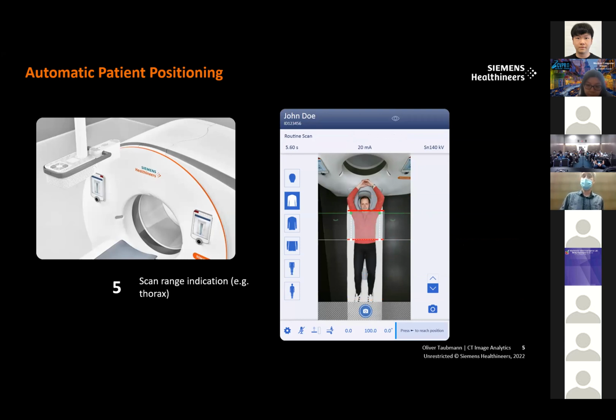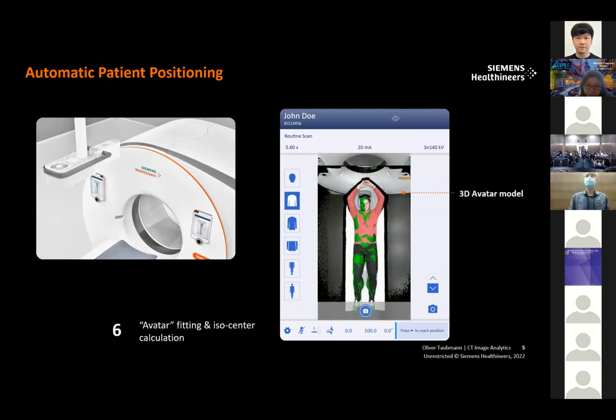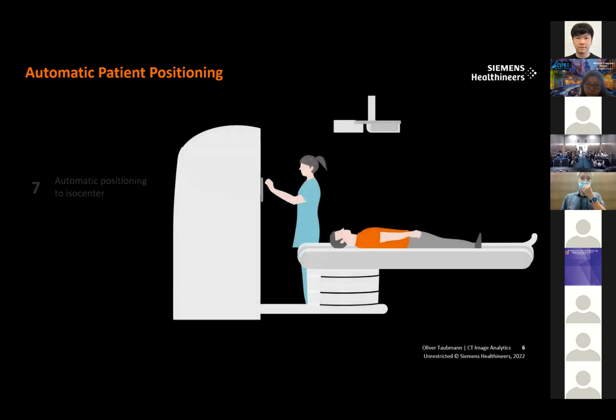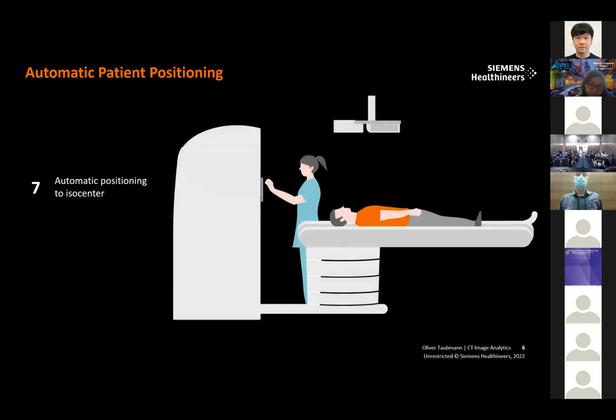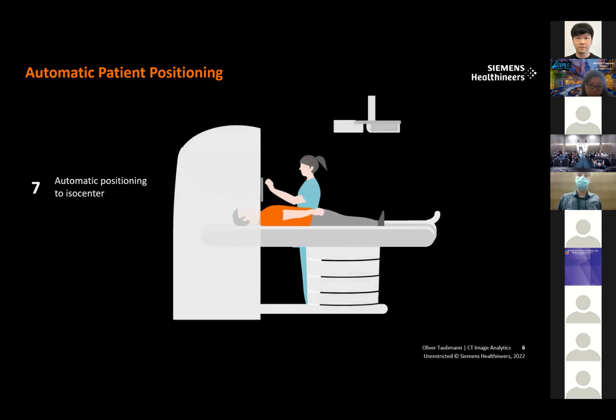Also allow the user to interact by manipulating that range, and then also fit an avatar to obtain a complete 3D surface estimation of the patient, so that we have that in spite of foreshortening or occlusion due to clothing, sheets, or other objects, and then use that information to automatically position the patient in the isocenter of the gantry.